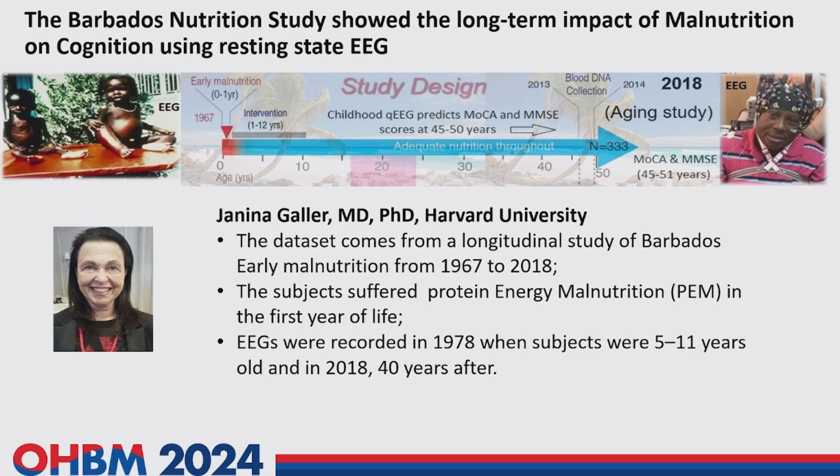The data set comes from a longitudinal study started in 1967 to 2018, directed by Janina Galler. The subjects suffered protein energy malnutrition in the first year of life. And the EEG was recorded in 1978 when the subjects were 5 to 11 years old, and in 2018, 40 years after.